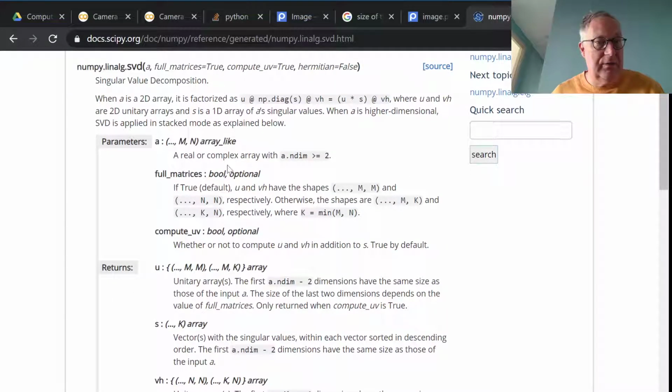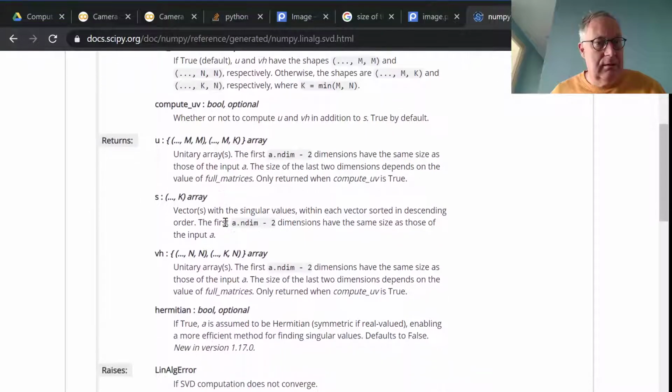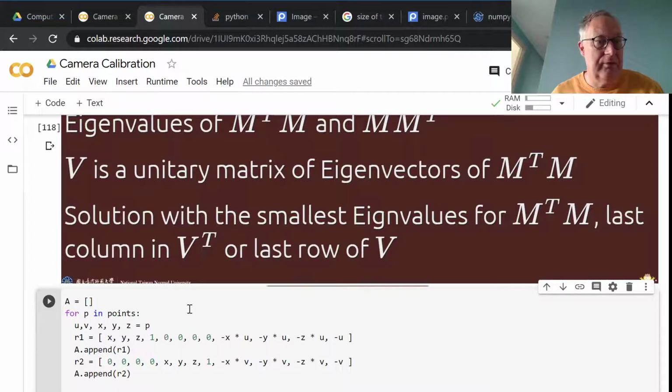I have to pass in a matrix A. And it provides us with the U array first, then the scaling factor, and then VH, the transpose of the V matrix.